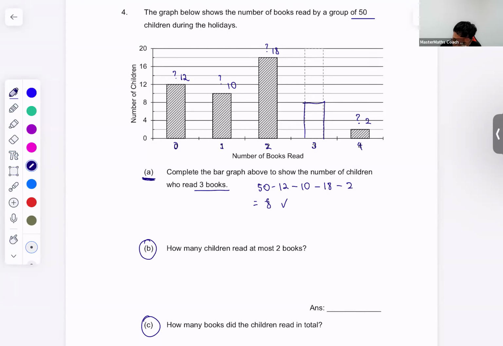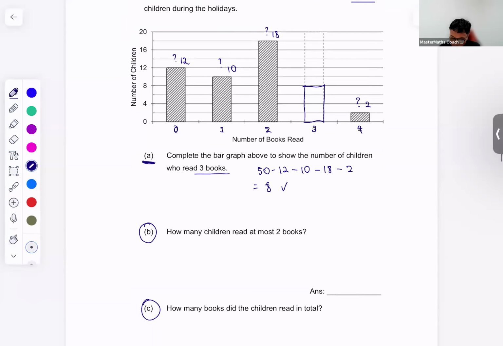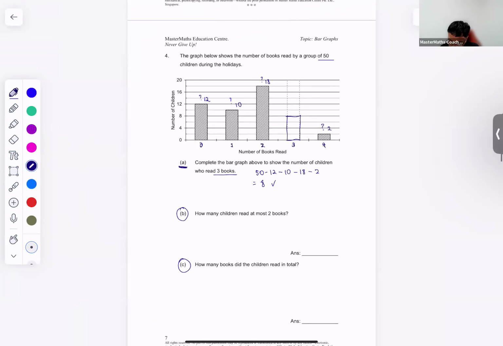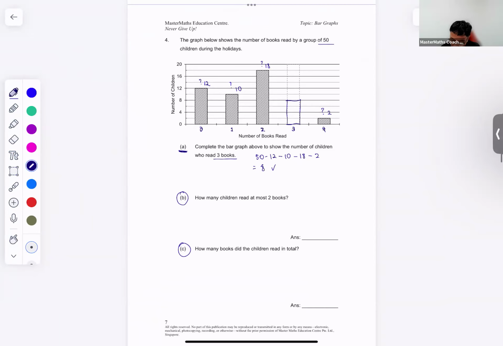But if you have the paper, you can draw. But if you want, you can just leave it blank. I already write. Okay, good job. I want you to try the question for part B and part C. Is that okay?